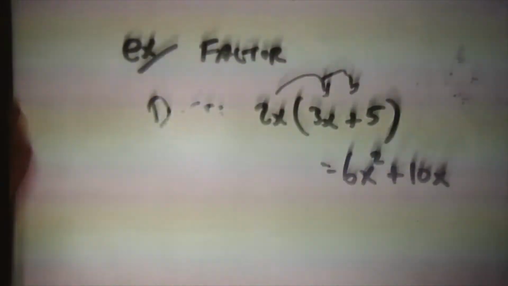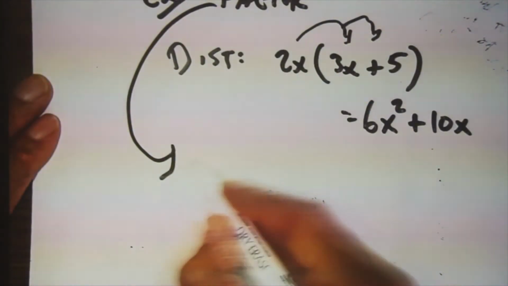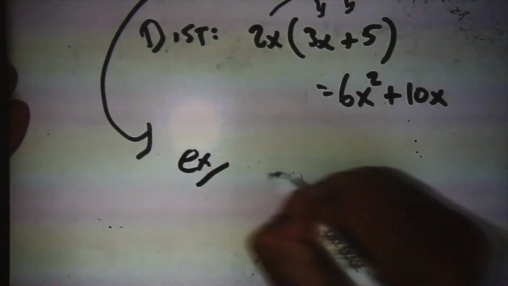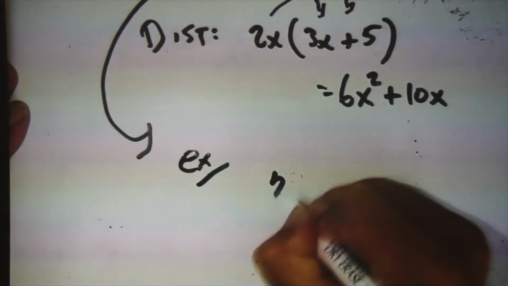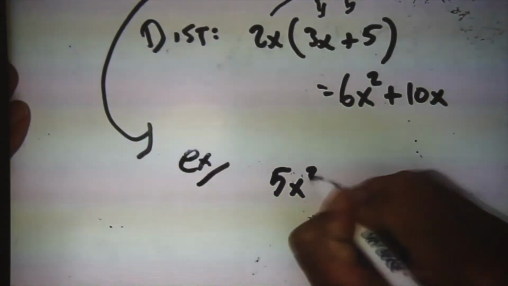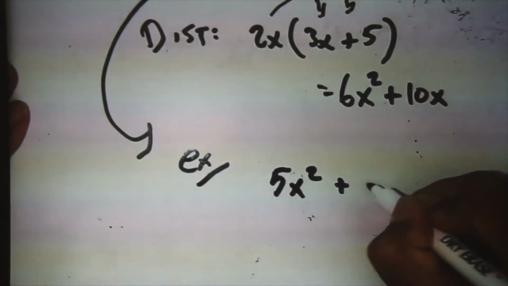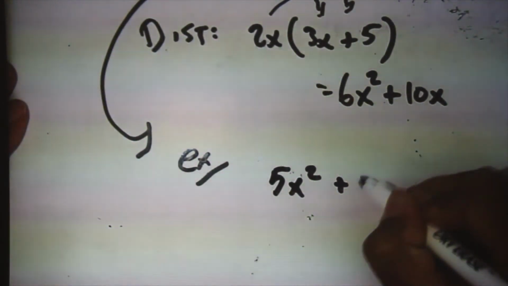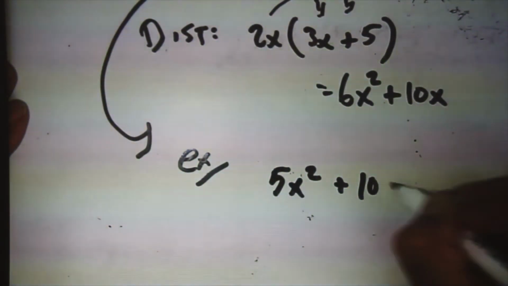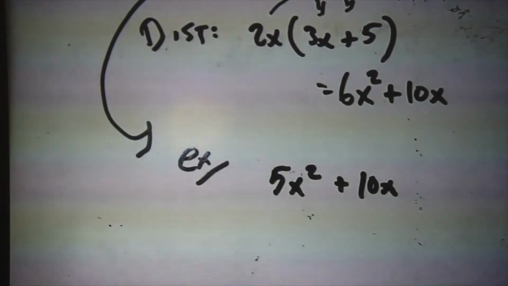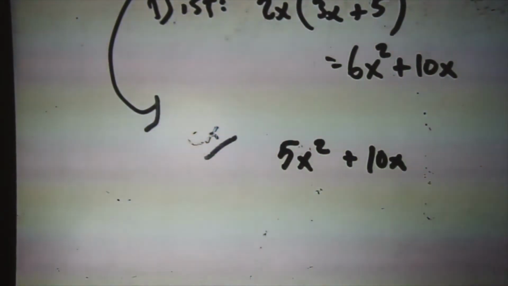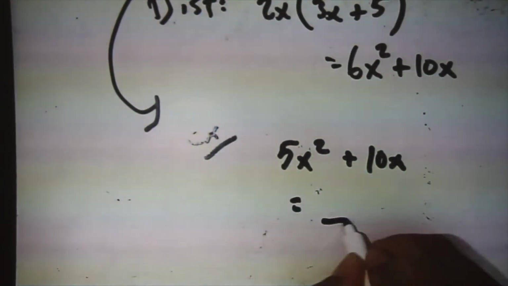Now, the factoring problem would be something like this, in which we have 5x squared plus 10x.